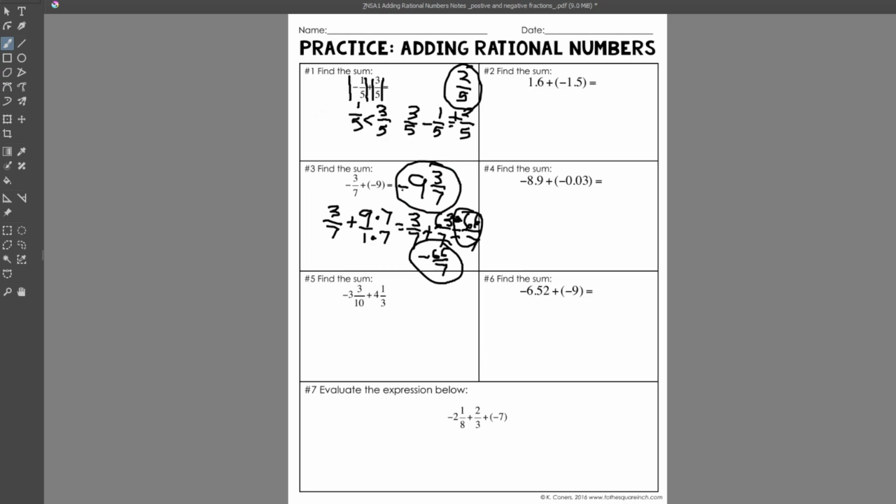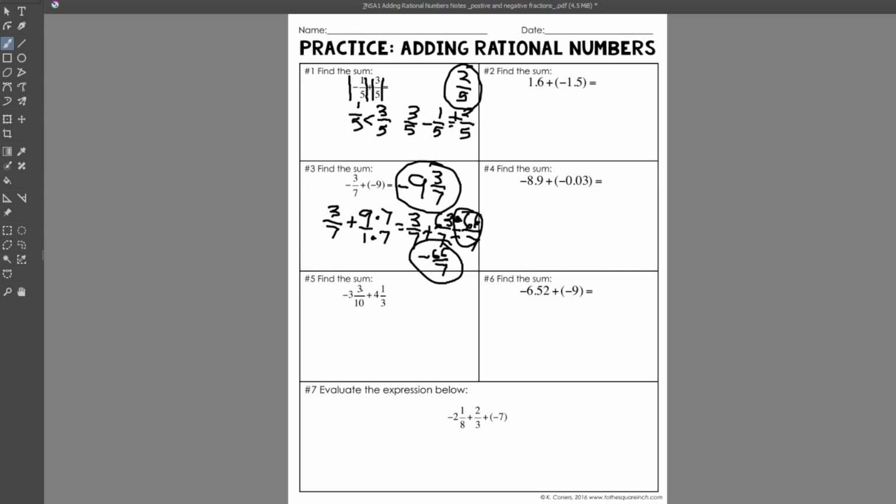You'll notice here that I kept the negative sign because I'm adding two negatives, so my answer gets further negative. I actually didn't even need to do all this conversion, but if I wanted to write it as an improper fraction, then I would have.